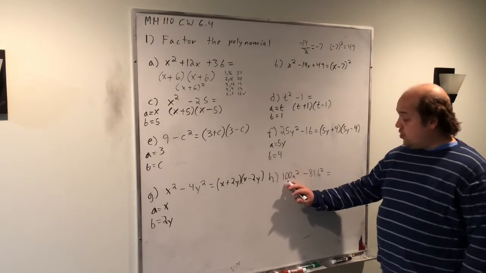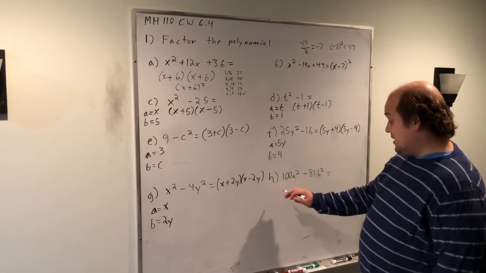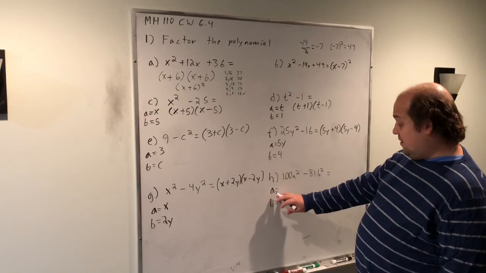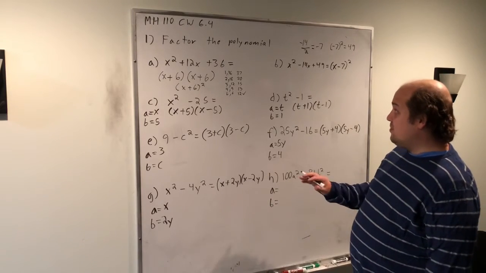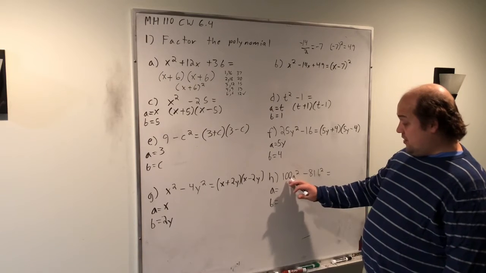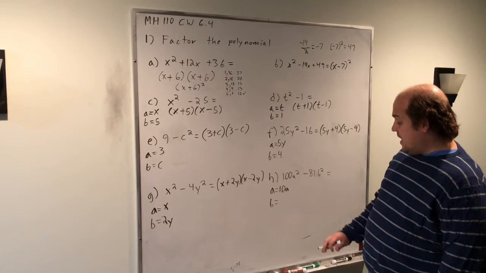For h, we have 100a squared minus 81b squared. Apologies that we're reusing this a and b. That said, my first term, or a in terms of the difference of squares formula, is 100, the square root of which is 10, a squared, the square root of which is a.